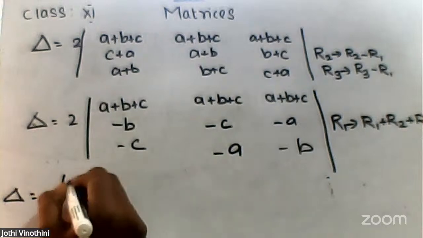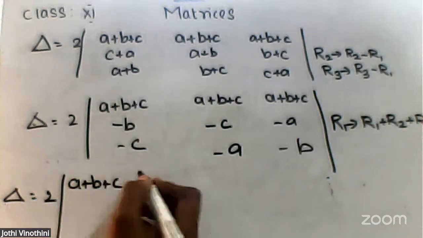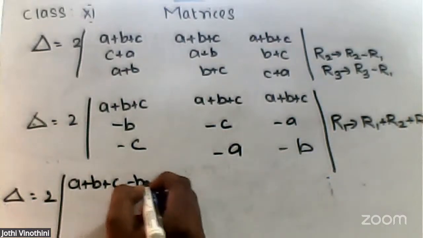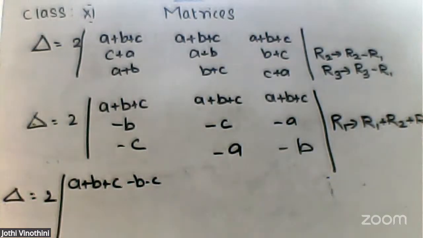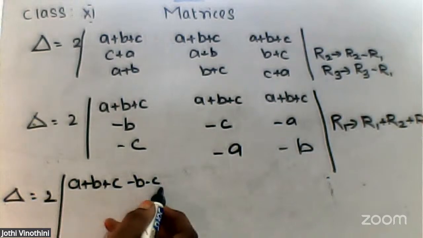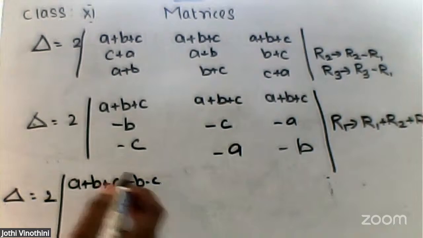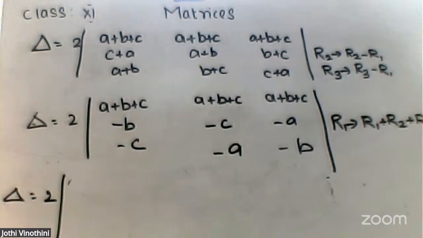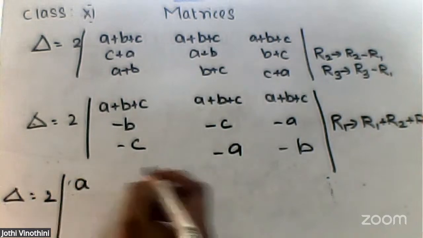We have R1 as A plus B plus C. So we are going to add R2 and R3, which gives minus B minus C. So A plus B plus C minus B minus C means we will have A alone. So it will become A.